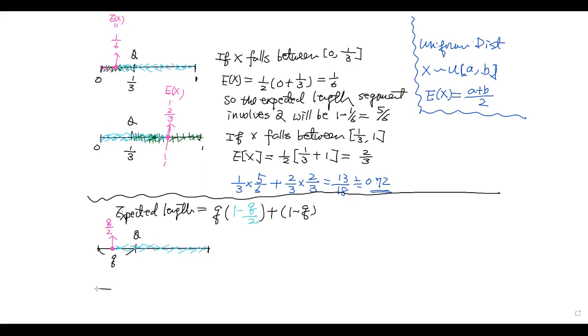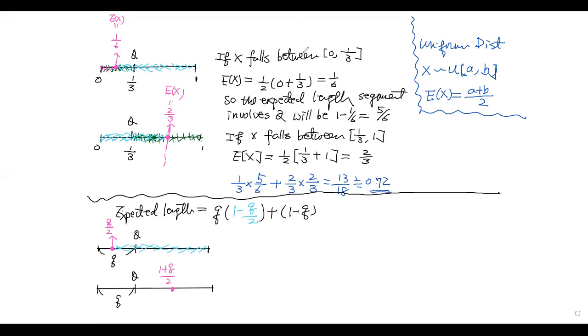So let's see the case number 2 here, right? So this is my point Q. So this is the probability Q here. So I know for anything I go over here, what is the expected value? The expected value will be 1/2 times 1 plus q, right?